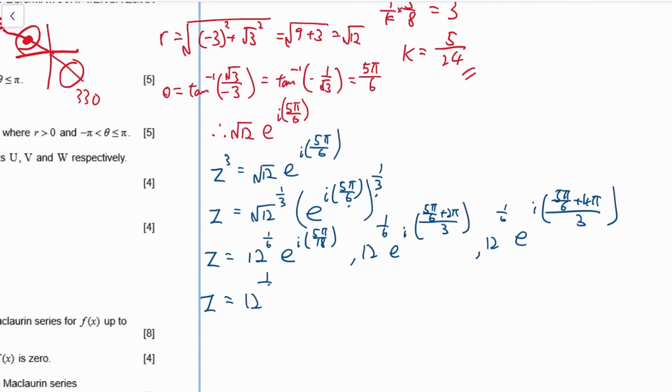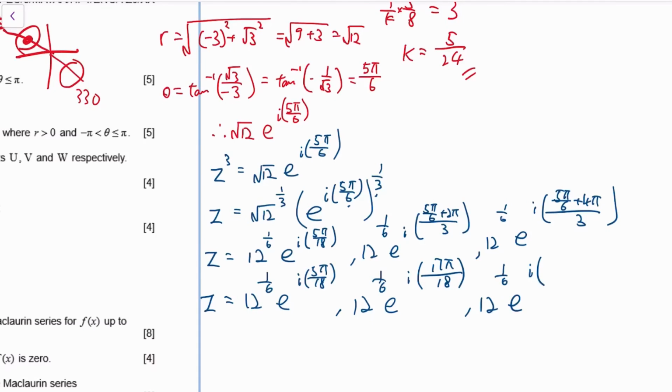So it's over 18. What's the second one? 5 pi plus 12 pi, if I get common denominator, over 6 over 18, 5 pi plus 12, 17. This one, common denominator, 24 plus 5, 29 pi over 18. Okay, so simple addition. Hope I get it right.